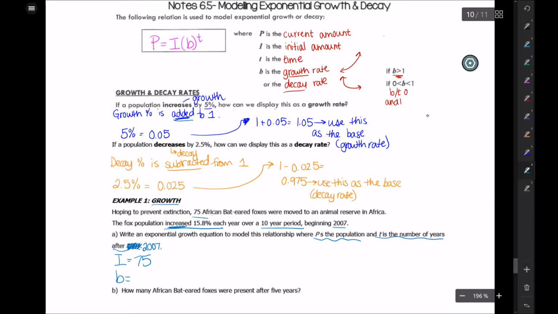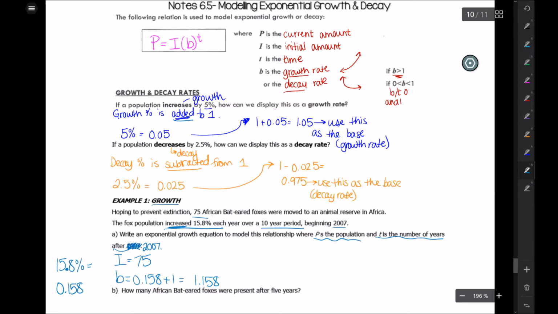So to figure this out, I have to figure out what 15.8% is as a decimal. So I'm going to move the decimal place over 2 times, so I get 0.158. So it's 0.158, but I have to add 1 to it. So right here, it would be 1.158. Okay, so that's the B value.